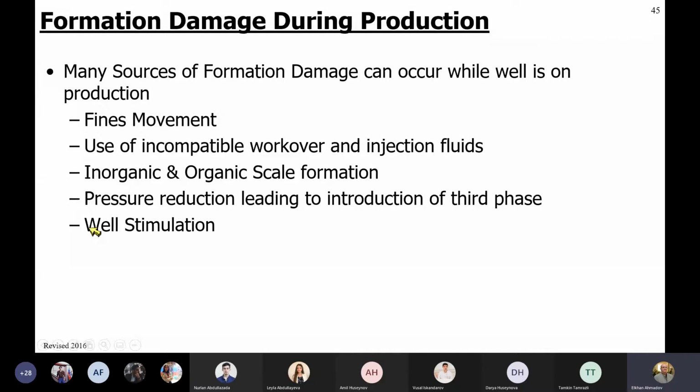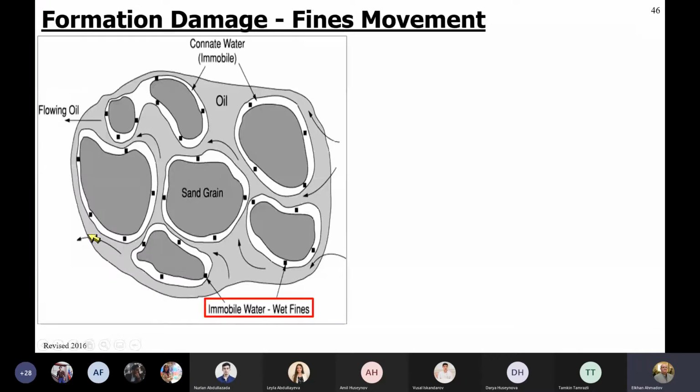So fines movement is when we have a water-wet rock, and some fines are locked with the connate water, which is immobile.